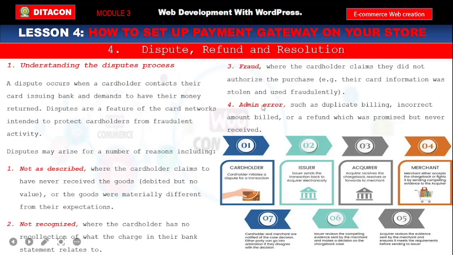So lastly here is admin error. This one is common and it has happened to me sometimes. There was a time I used Paystack to process payments on my platform and I just got an alert from Paystack that an amount, I think around 5,000 naira, was disbursed to my bank account.